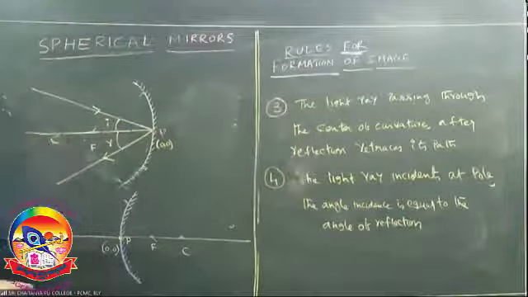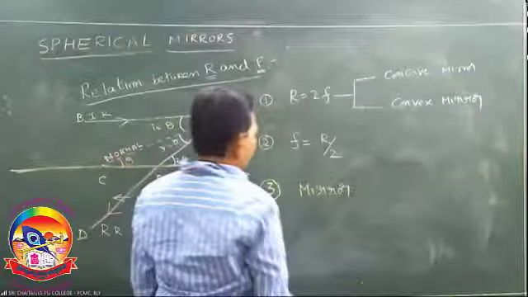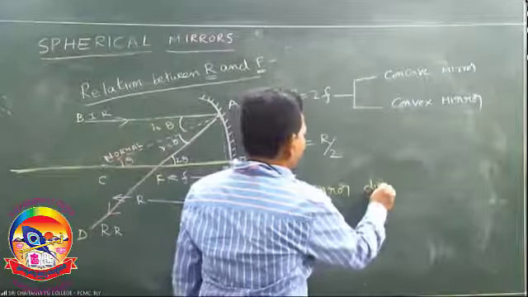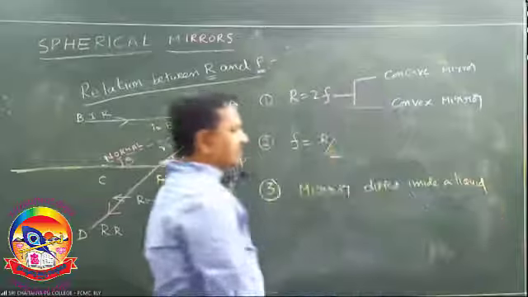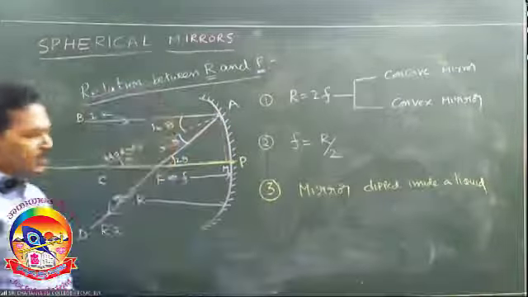Does the focal length change? For competitive examinations, this mirror is dipped inside a liquid, maybe water. What happens to the focal length?